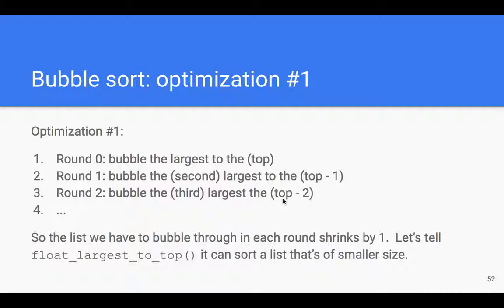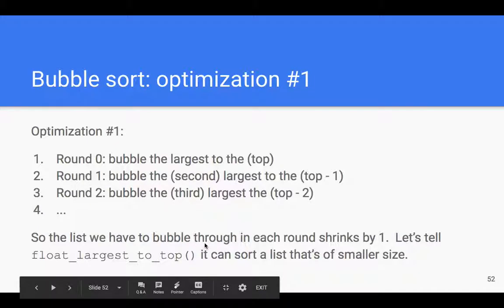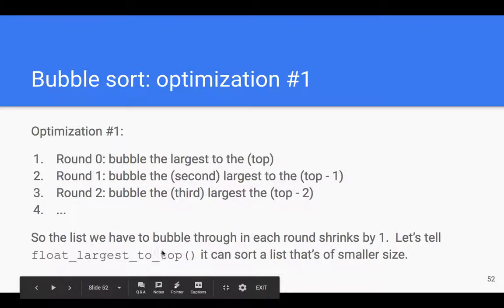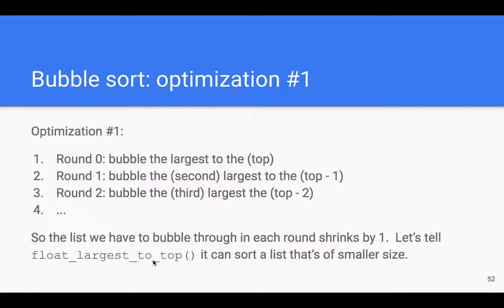So the optimization, if you remember, is that the list we have to bubble through in each run shrinks by 1. What that means is that when we bubble the largest to the top, every time we should tell it the maximum size it should sort in that list.